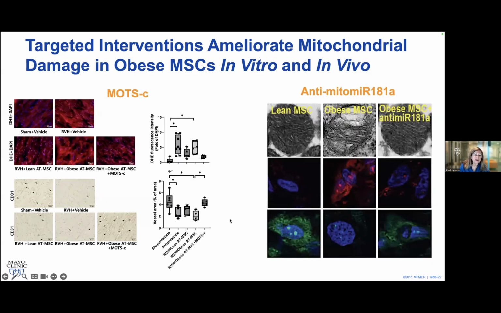On the bottom panel, you see CD31 staining, which detects capillary count in a hypertensive heart. And you can see again that there is significant decrease in the capillary count in the heart of those hypertensive mice.